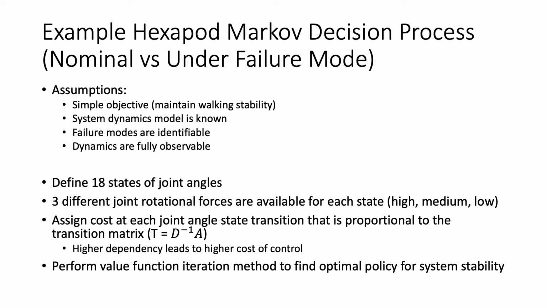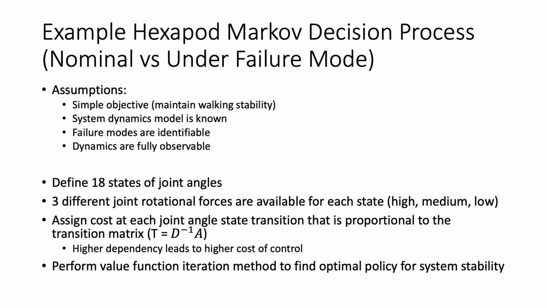For high rotational force, the joint will move with a greater torque, and the angle will change more. And for the low action, the joint will not go through as much action.